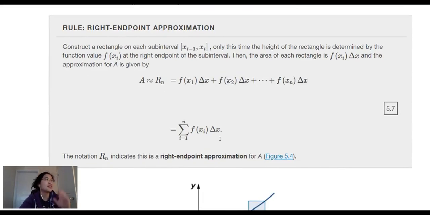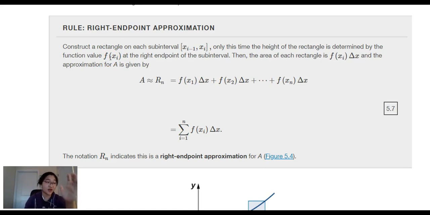So for the right endpoint approximation, we're constructing our same rectangles, looking at our subintervals, but now we're evaluating at f of x sub i. Instead of x sub i minus 1, we're looking at x sub i.